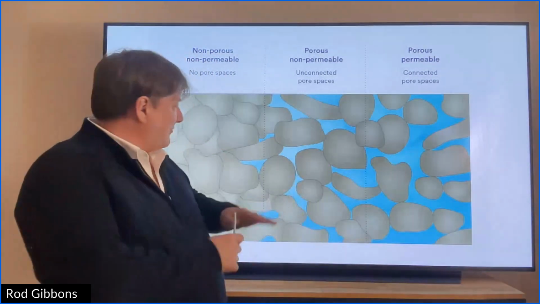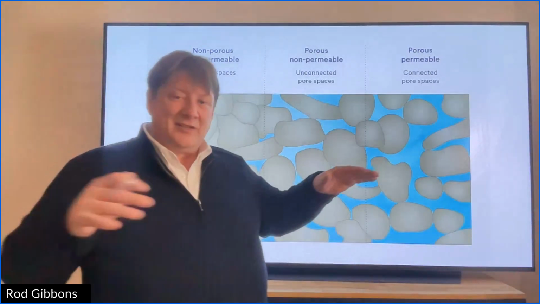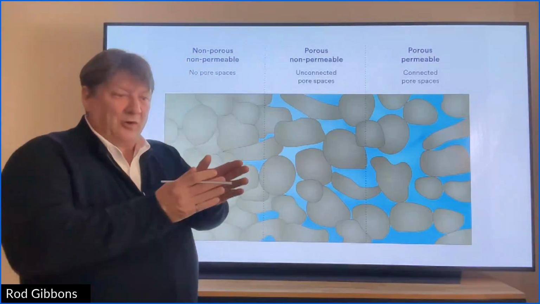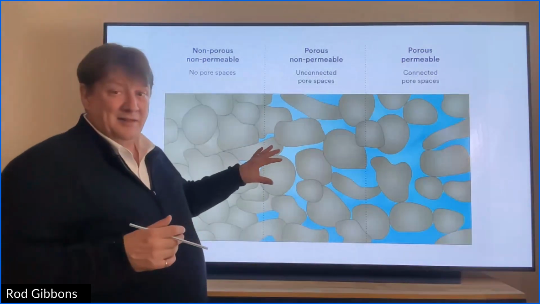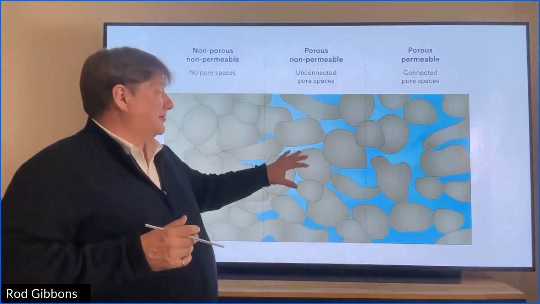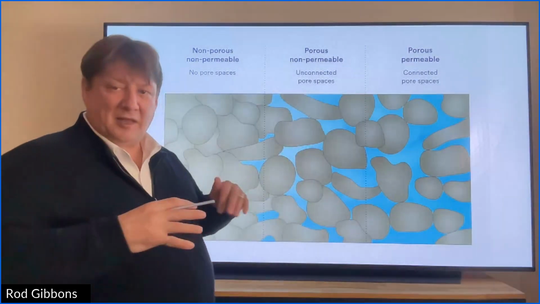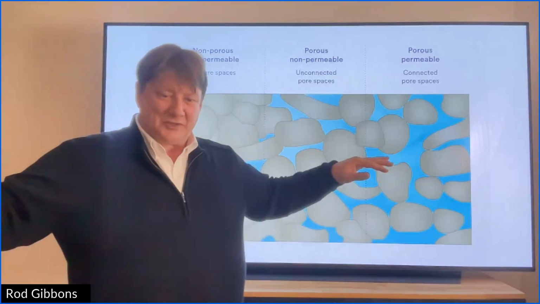If you have an interruption in your geology, so if you have a fault or a fracture, or the rock type gets a little bit tight, where it's not as permeable, then that restricts that pressure pulse going out.